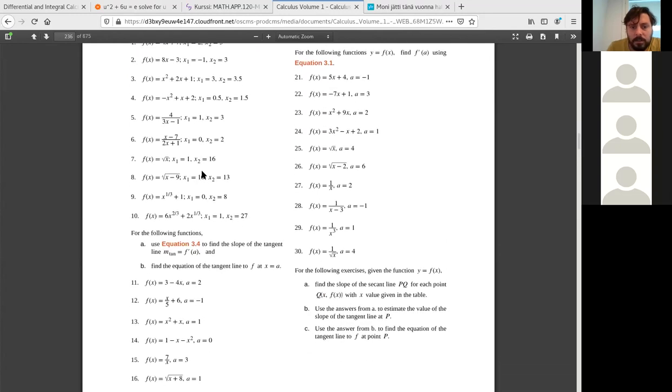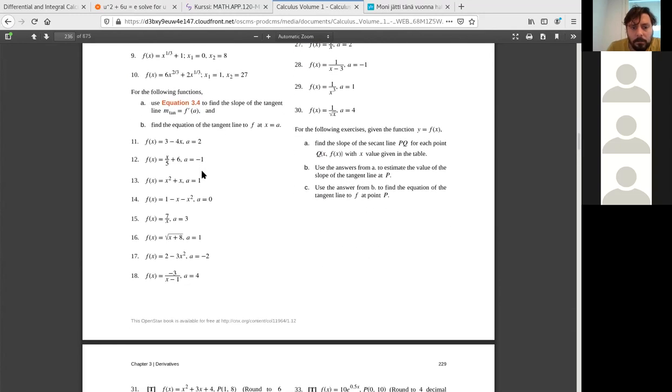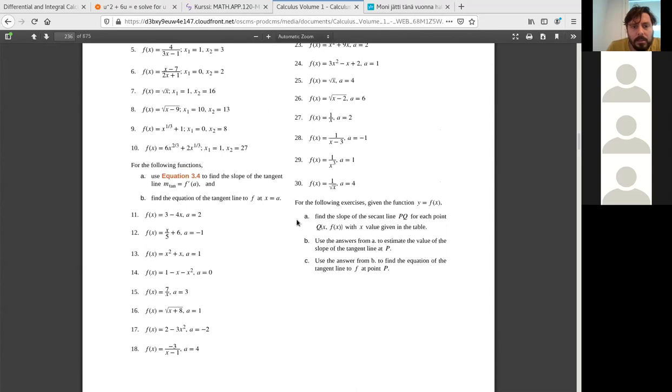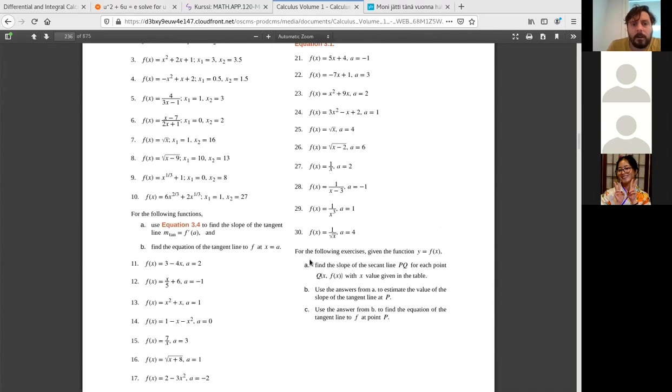Let me give you some exercises to do here in groups now. In these cases, find the slope of a given function at a given point. I'm not going to ask you to find the equation of the tangent line. I just want you to find the slope of that tangent line, f prime at a, and do it using the limit.